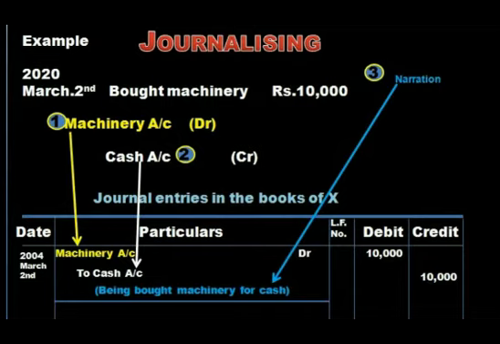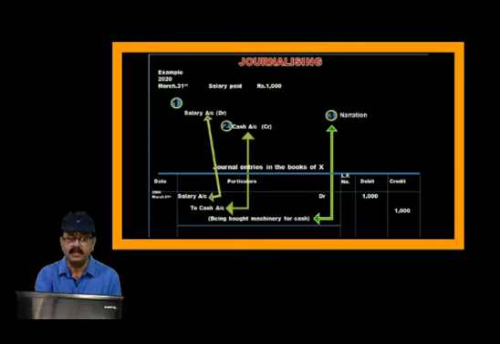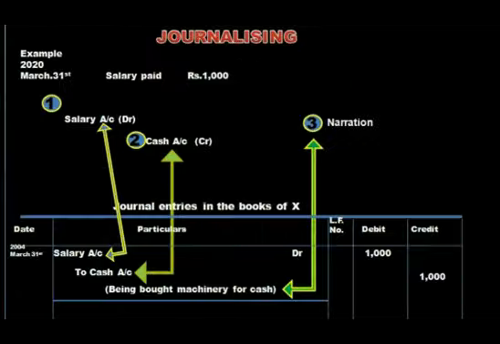Okay, let me explain the second transaction. In the second transaction you can see 2020 March 31st, salary paid 1,000. So here two accounts. Salaries paid means you are paying the cash, so cash account is credit. So salary account is debit and cash account is credit.